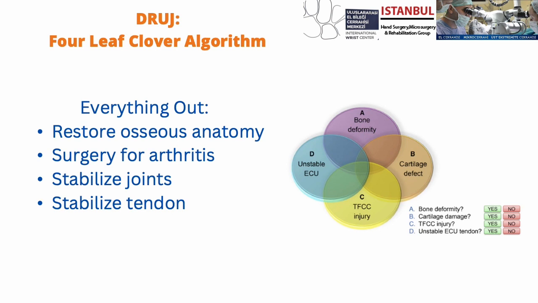So it is important to restore the osseous anatomical relationship of the DRUJ. Surgery must be done for arthritis, and it is important to stabilize the joint and the tendon.